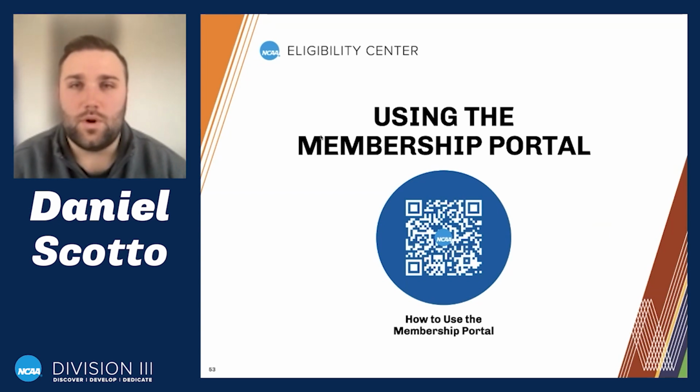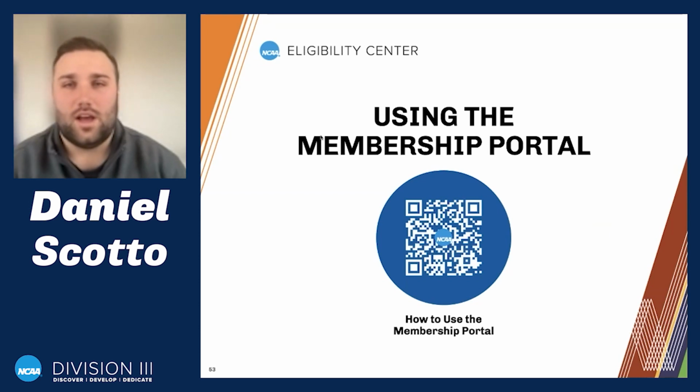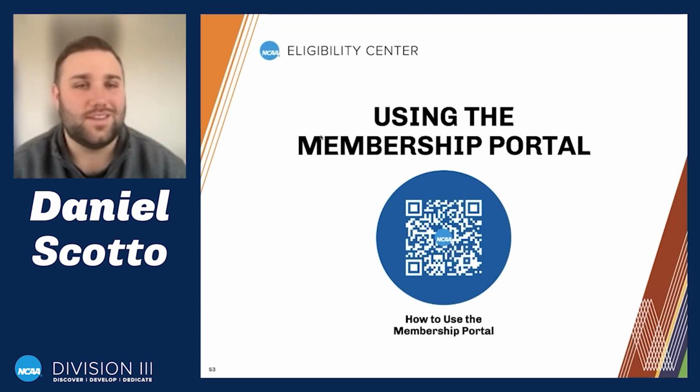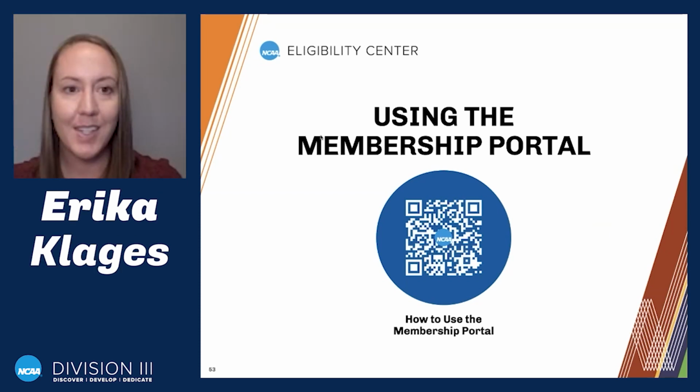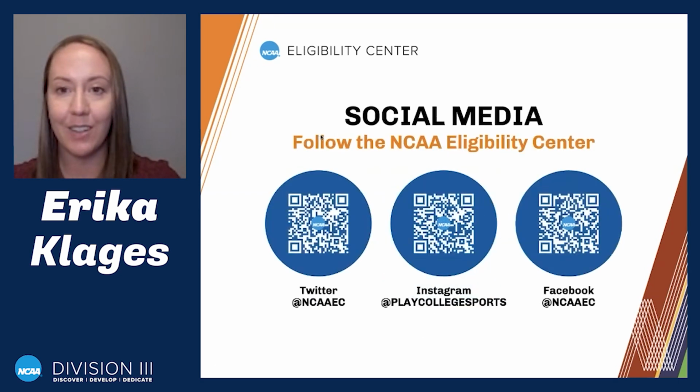So I think we're just going to do one more question here for you, Erica, and that question is, what is the earliest that a fall 2023 international enrollee can register with the EC? Well, that date is today. As quickly as we can get them registered, we're ready for them. So international students interested in attending and competing at a Division III institution in 23-24, I would recommend that they create their amateurism only certification accounts.